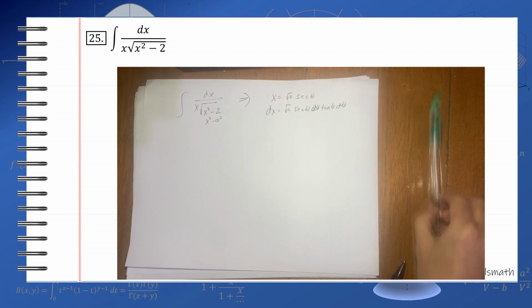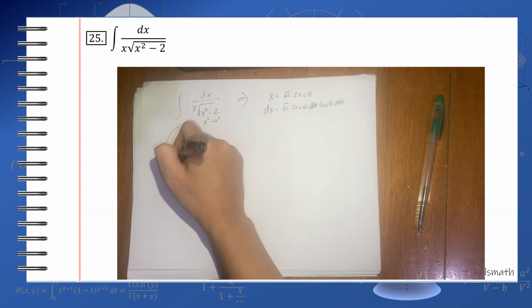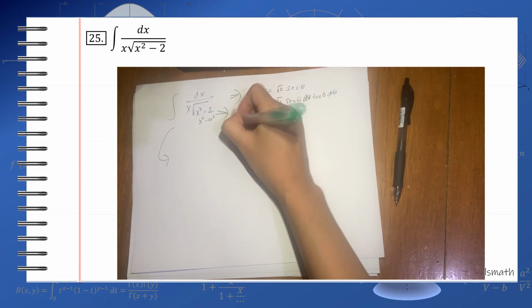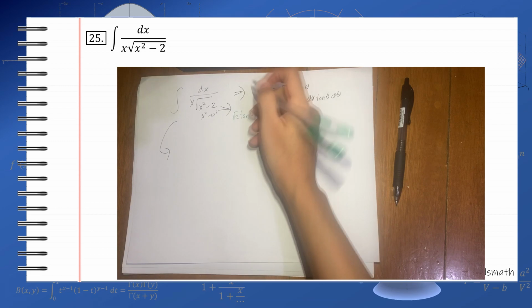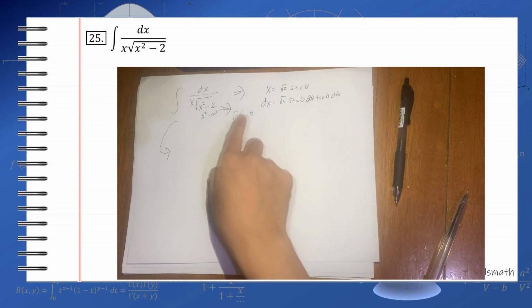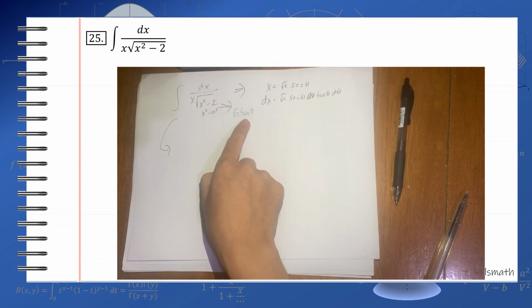And then this one becomes, I'll just skip ahead, this one is equal to square root of 2 tangent theta. You can do what we did earlier with the sine substitution. Essentially, it should turn out to be this simple.